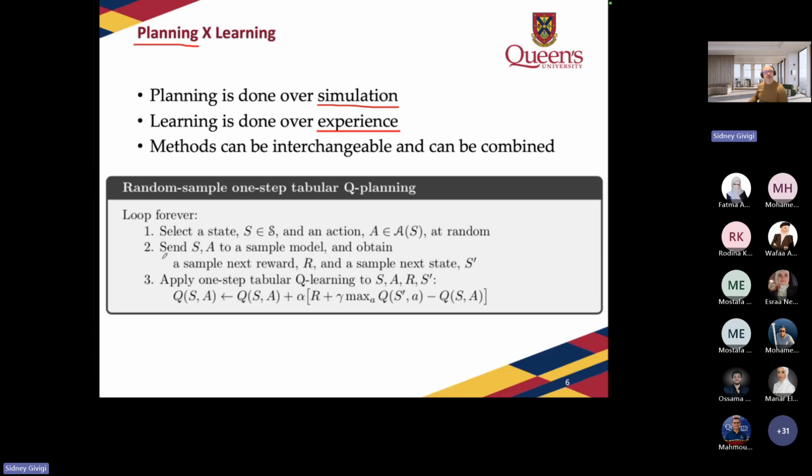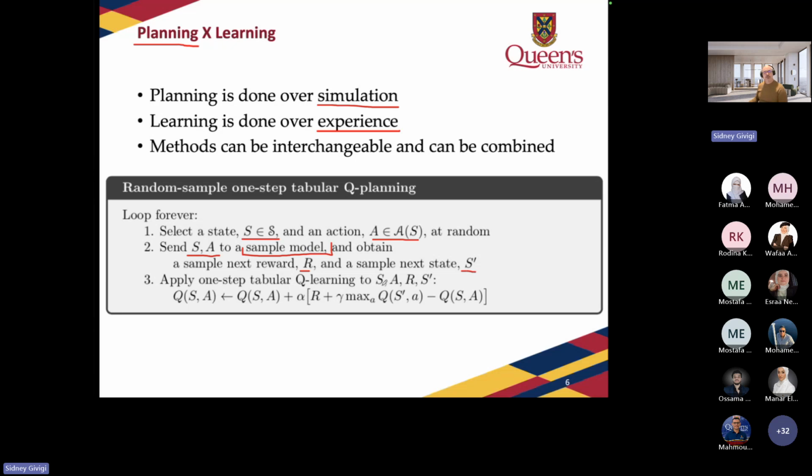Okay, so what do we do? We are going to select a state and an action, and then we are going to send this to a sample model. This is a probabilistic model that is going to tell us, if I had this state and this action, what would be my reward and what my next state would be as well. So I have two things.